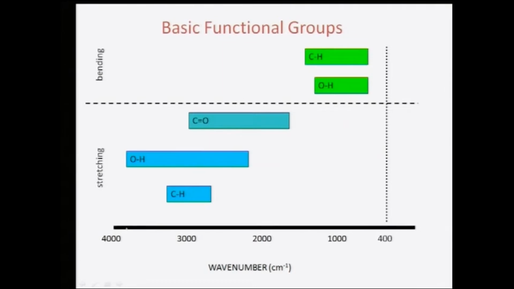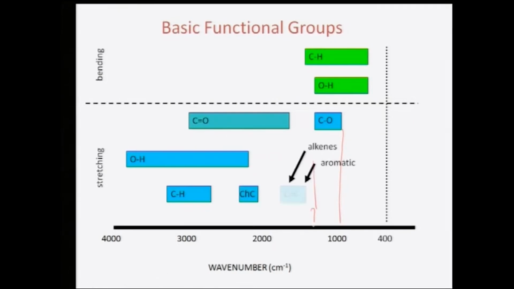And then CO means C double bond O, that is formaldehyde, acetone, all these molecules have this kind of bond. There the stretching energy can span from 3000 to about 2500. Another type, the CO single bond, can stretch even at a lower wave number, that is 1200 to about 1000.